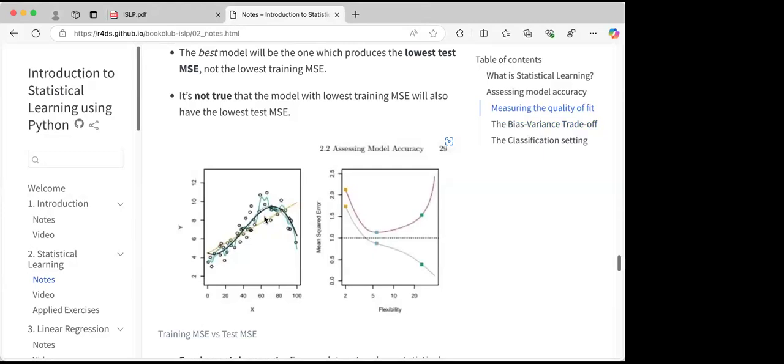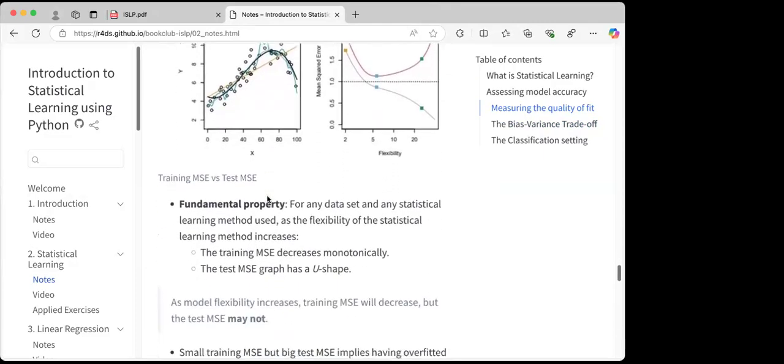If we add two or three data points, the linear model will change, but only a little bit. But the other non-linear models, especially the green curve, will adjust to try to fit those points as well, so it will have a lot of change. That's why it has a higher variance.